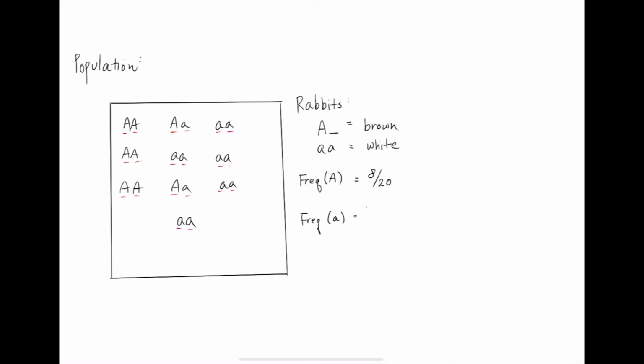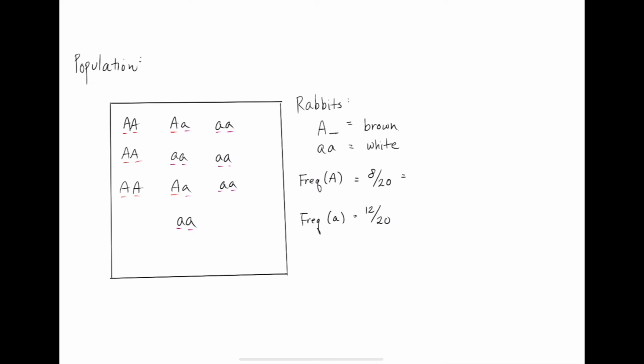And what you'll notice here, and this should be pretty obvious, is that these two values, 8 over 20 and 12 over 20, need to add up to 1 because we are looking at the frequency distribution of these two alternate alleles. Now, we are also assuming that there are 2 alleles. If there are 3 or 4 alleles, then everything would change a little bit, but let's just keep it simple and say there are only 2 allele variants and it's completely dominant.